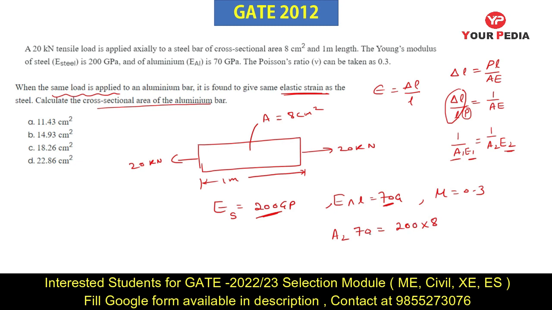Okay, from here we can calculate like this. 8 into 2 is 16, with the zero, divided by 7.